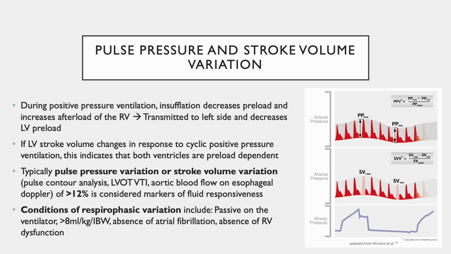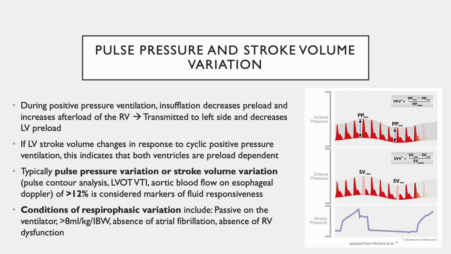The next common method for assessment of fluid responsiveness is pulse pressure variation and stroke volume variation. This method makes use of heart-lung interactions under conditions of invasive mechanical ventilation. Essentially, positive pressure insufflation reduces venous return and hence preload, causing a fall in cardiac output, while the reverse in expiration occurs subsequently.